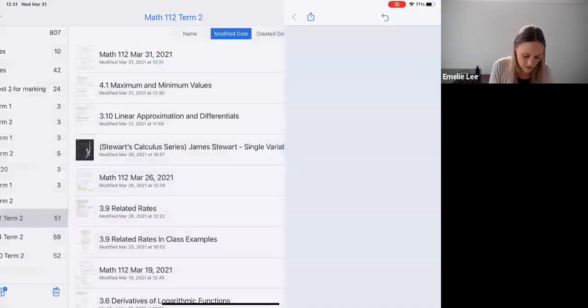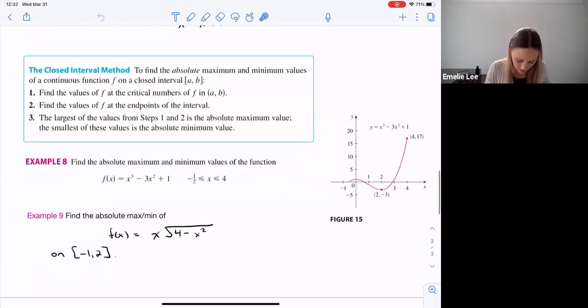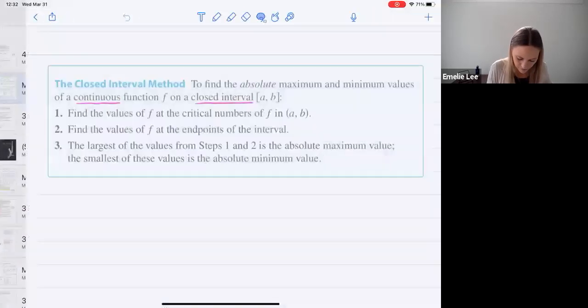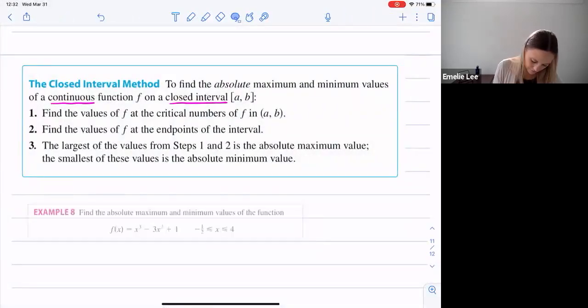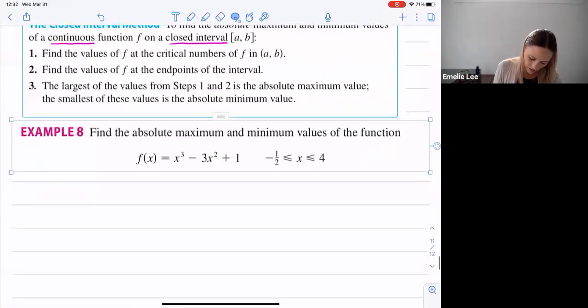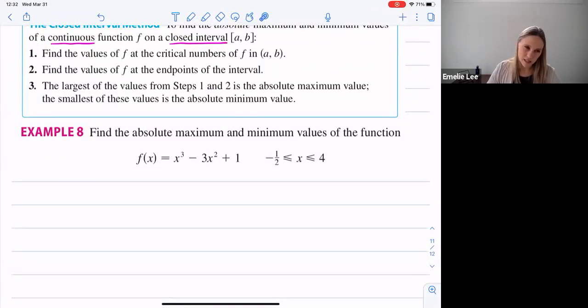So let's do an example. Find the absolute max and min values of this function on the interval -1/2 to 4. First thing we check is that a polynomial is always continuous.